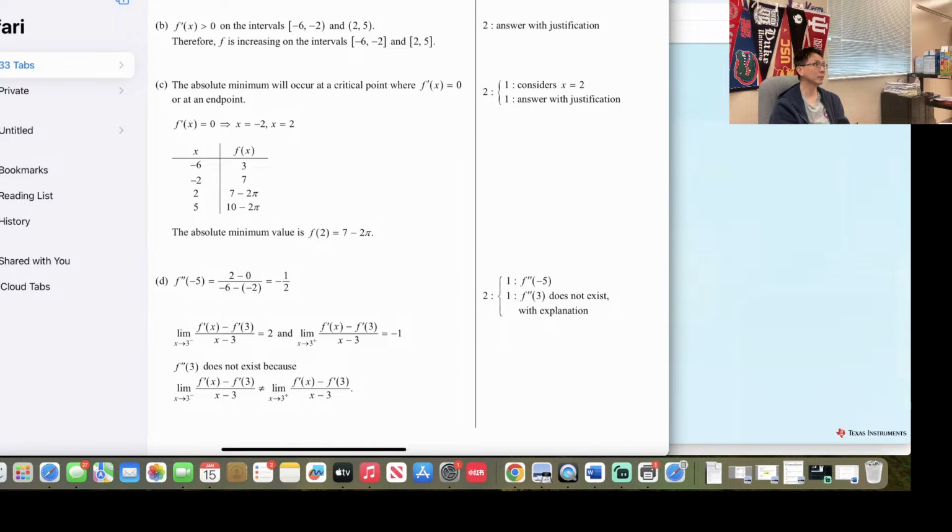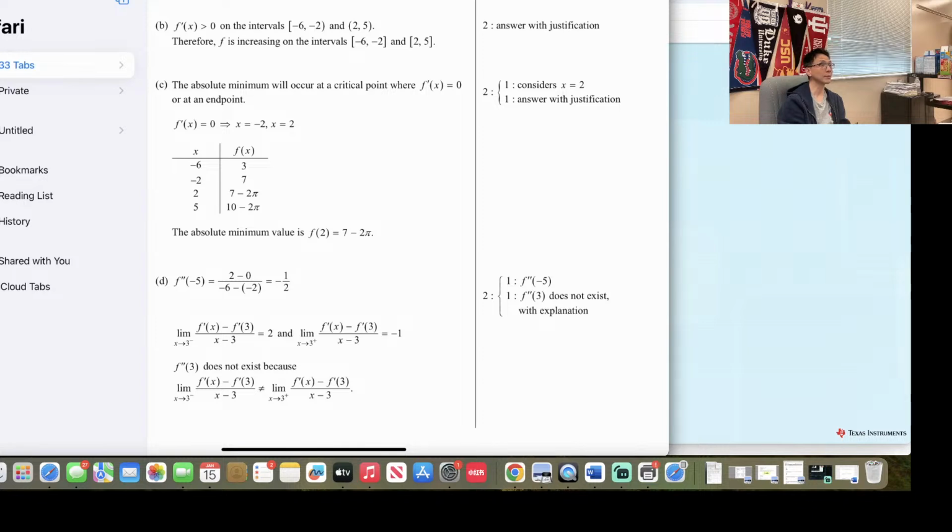Yes. They will never ask you relative, because they will want you to compare with the endpoint versus relative. So they will always ask you absolute. Even if they ask you minimum value, that means absolute value.